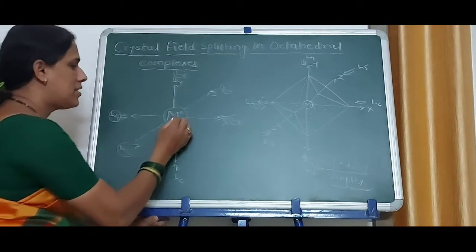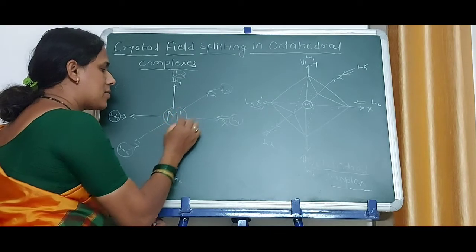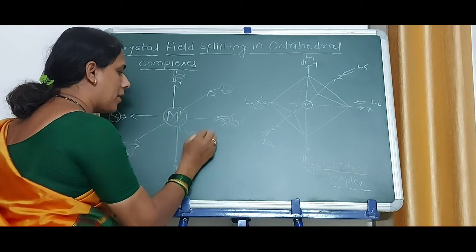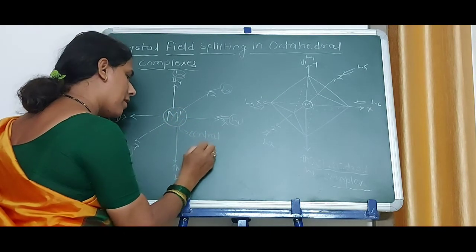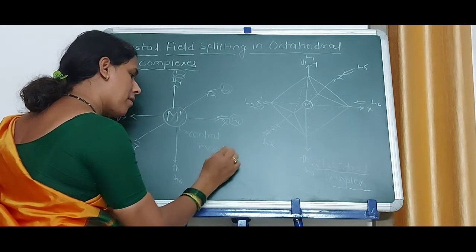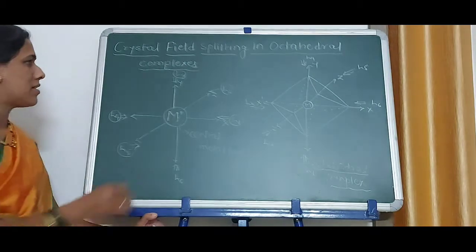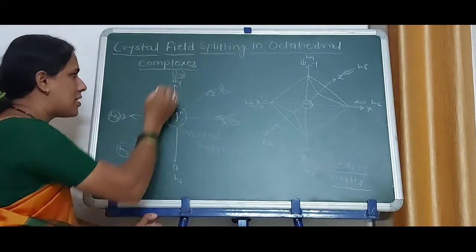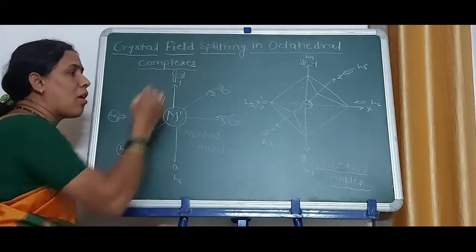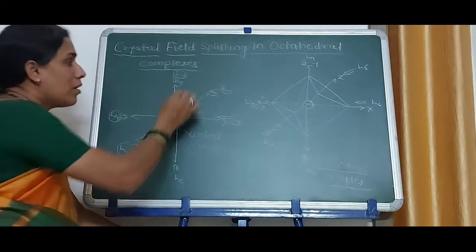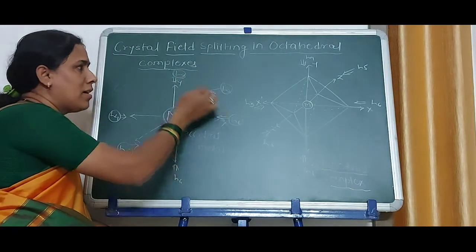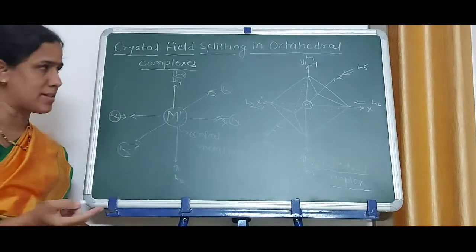Now this at the center is called the central metal ion, which is a cation and is positively charged. These are the ligands situated at the corners of a coordinate axis, that is along the x, y and z axis.